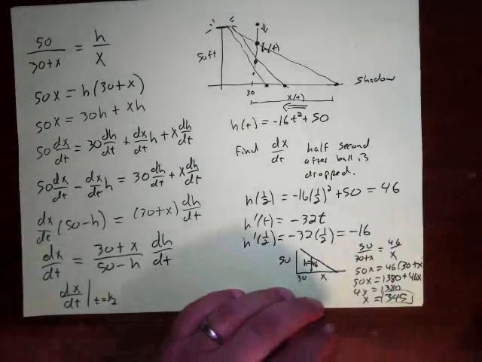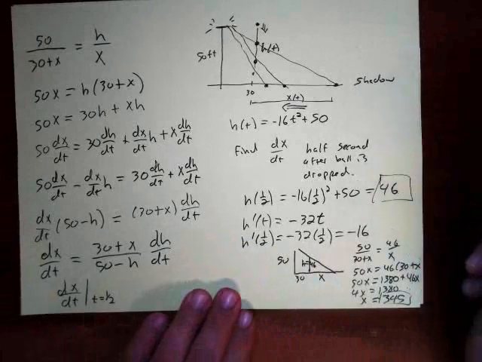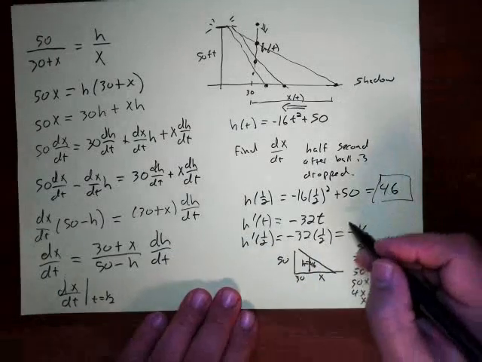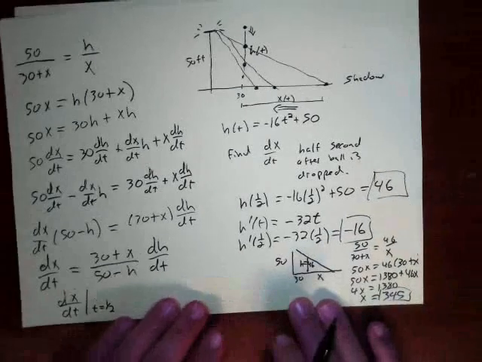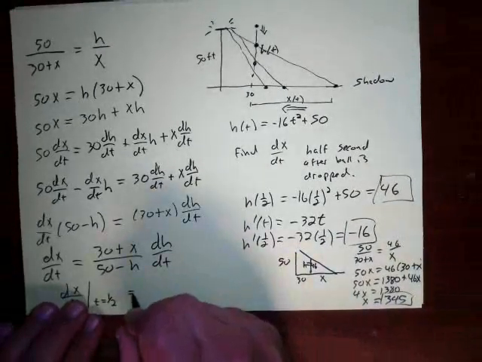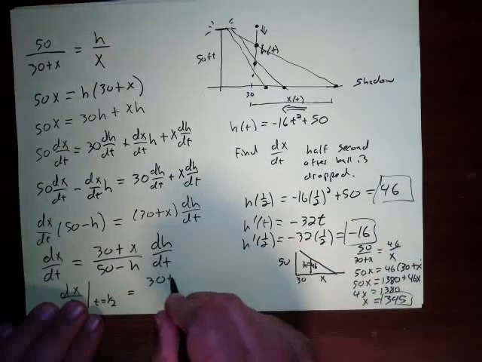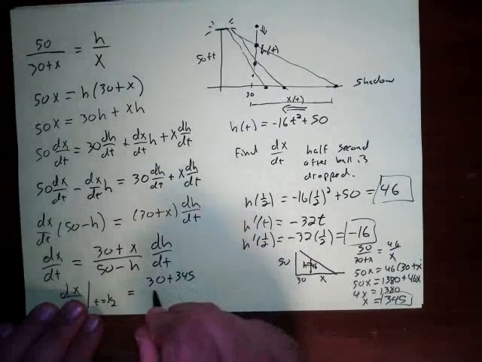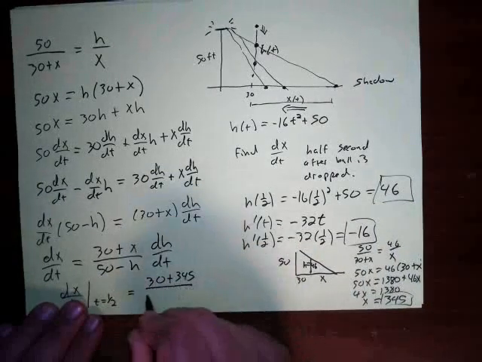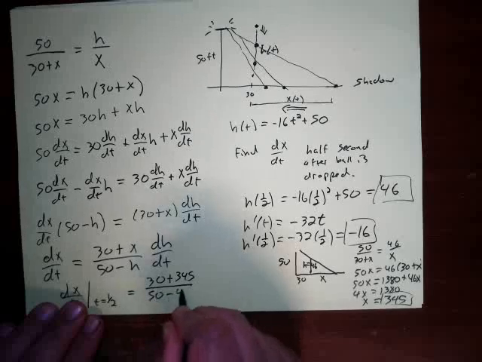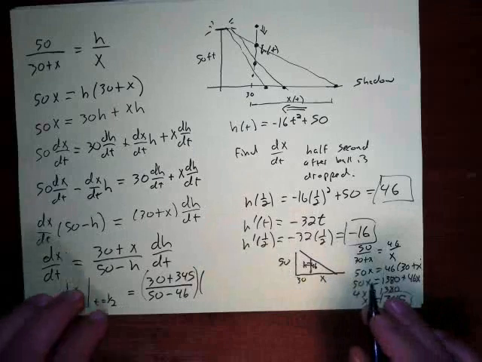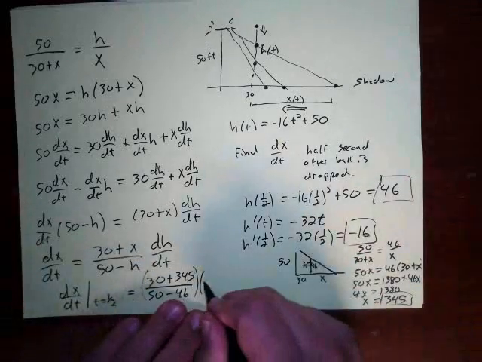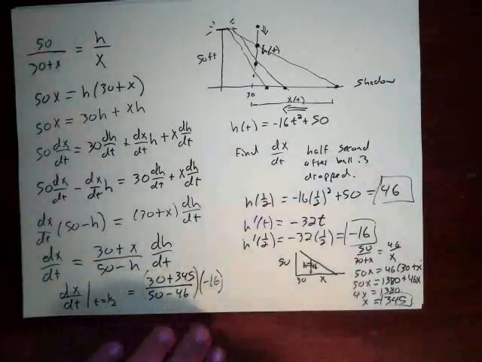Okay, so now I have all the things I need. I have the height is 46. The dh dt is negative 16. And this is the x. So now we can plug these in. So this would be 30 plus 345 over 50 minus 46, and then all of that times dh dt, which is negative 16.